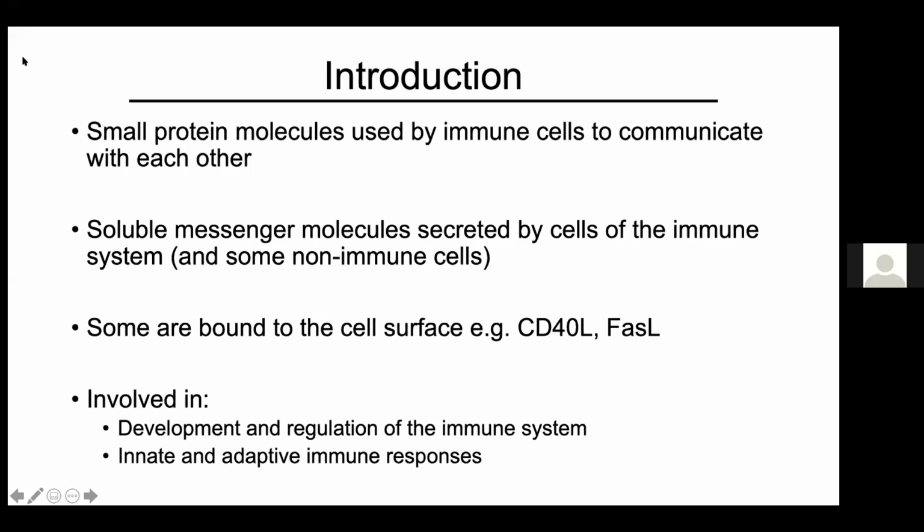So usually, CD40 ligands would bind to a CD40 receptor on the respective cell, and the Fas ligand would bind to a Fas receptor. Those ligands are usually found on T cells. So as I've mentioned, cytokines are involved in development and regulation of the immune system. And as I've mentioned, they're also involved in basically the activation and effector function of innate and adaptive immune responses.